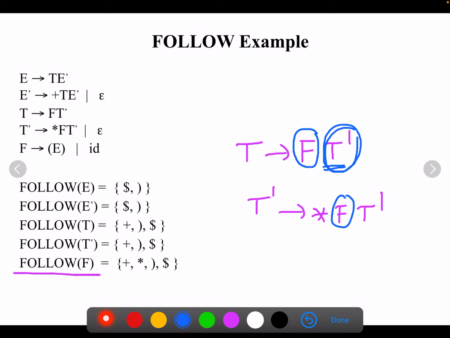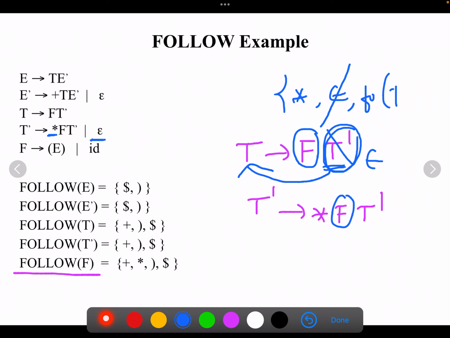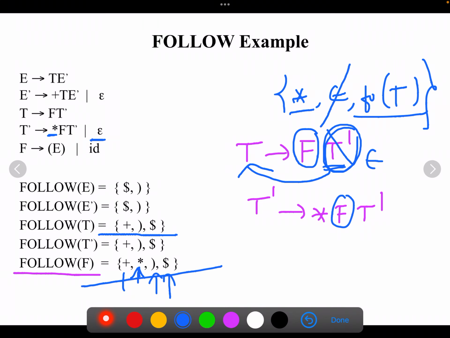First set of T dash. First set of T dash includes star and epsilon, we have already discussed. So include star and epsilon. Because it has epsilon, remove that, and since this becomes epsilon, as per the rules you should take follow of T itself. So your answer becomes star. Then follow of T is plus, closing parenthesis, dollar. So you included all the elements.